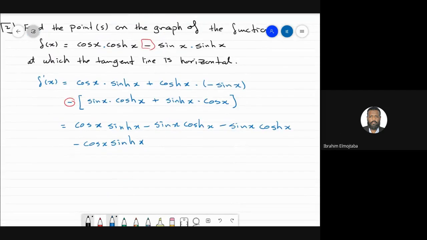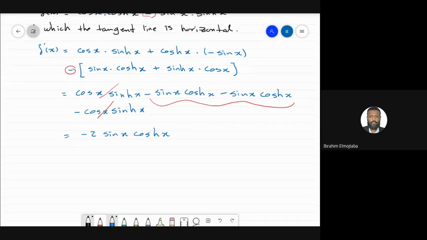Now if you look at this term and this term, they are the same but with different signs, the first positive and the last negative. And these two terms are the same with the same sign, the negative sign. This means the answer will be two of these terms, in fact minus 2 sine x hyperbolic cosine x. So this is f dash of x, right?